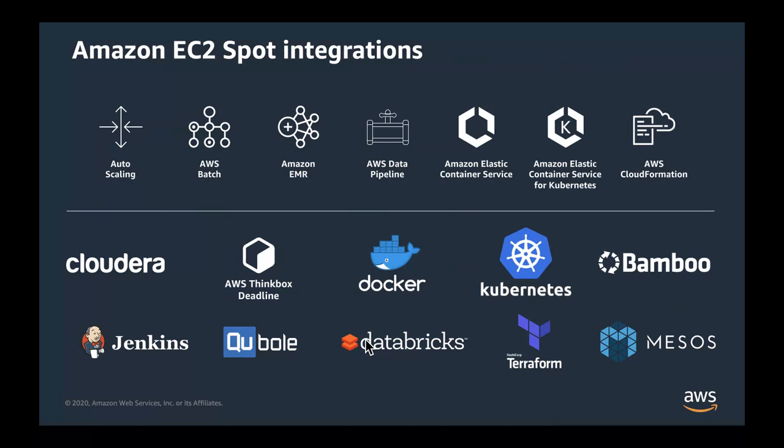The top section shows those integrations with native AWS services such as Auto Scaling groups, EMR, EKS, ECS, Batch, etc. We also support integrations with other ISVs for all the different workloads that I talked about earlier: Jenkins for managing CI/CD pipeline, Kubeflow and Databricks for big data workloads, Kubernetes and Docker for containers, and so on. The goal is to make Spot as easy as possible for customers to start using within their existing workflows, and you will continue to see that investment from AWS going forward.